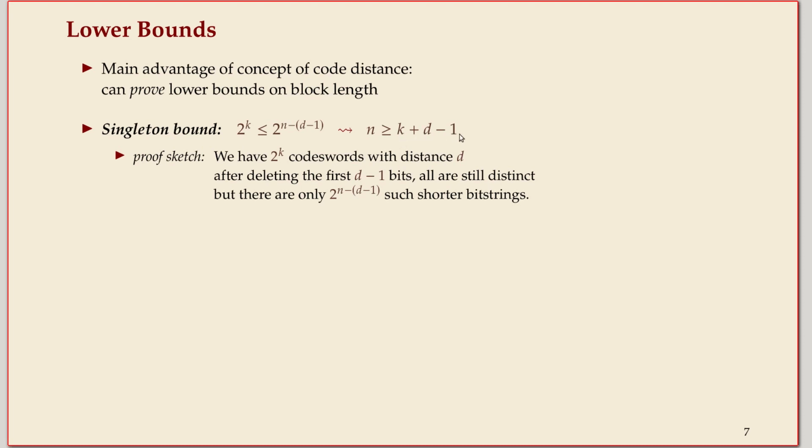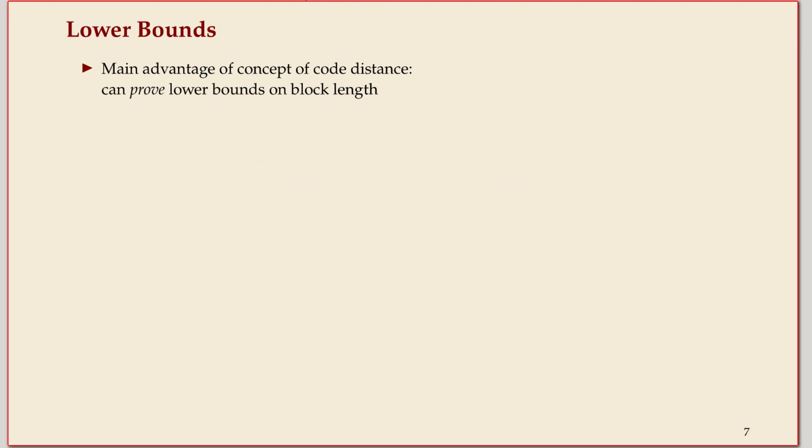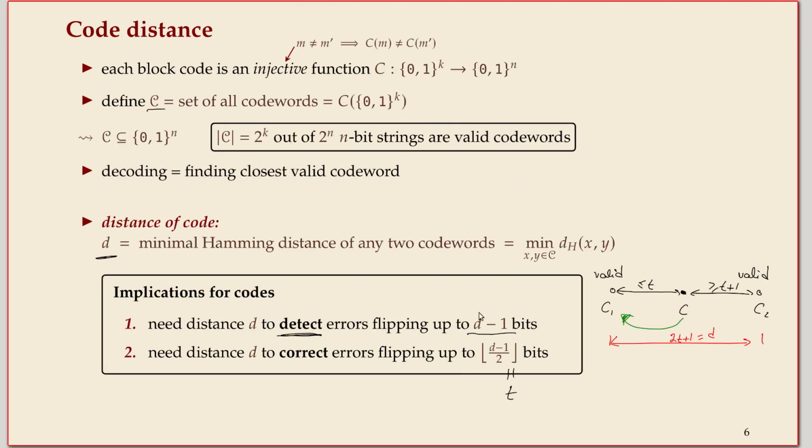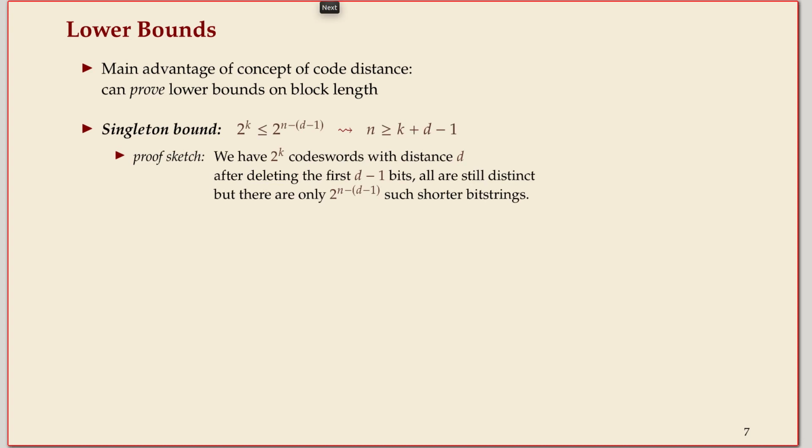All right. So this is to say, if you want to create a code with distance d, which again you will need if you want to detect d minus 1 bits and correct d minus 1 half rounded down flip bits, you have to choose your block length at least as k plus d minus 1.